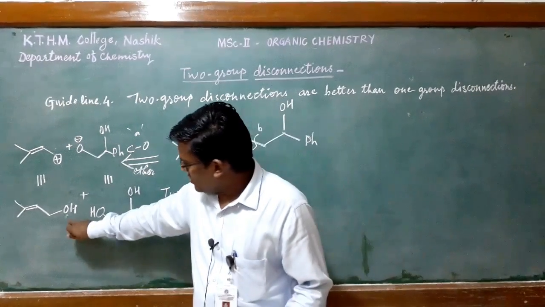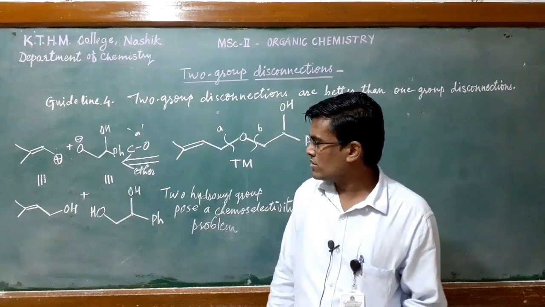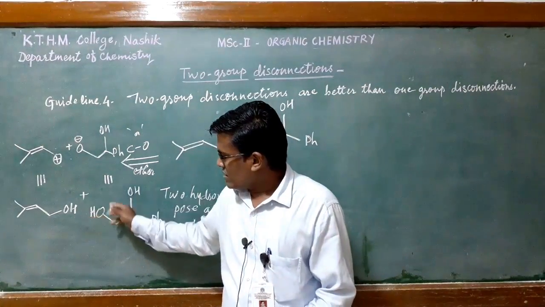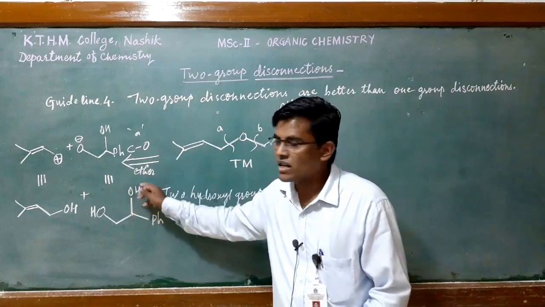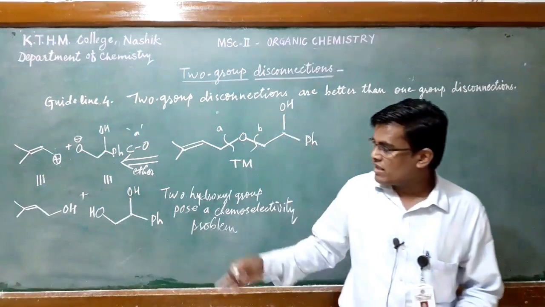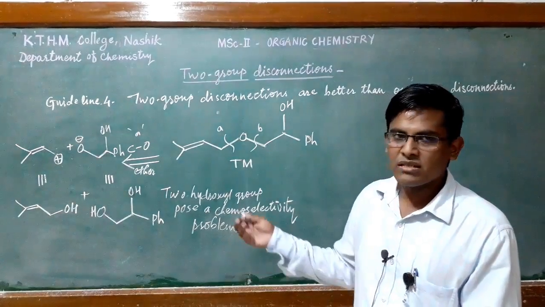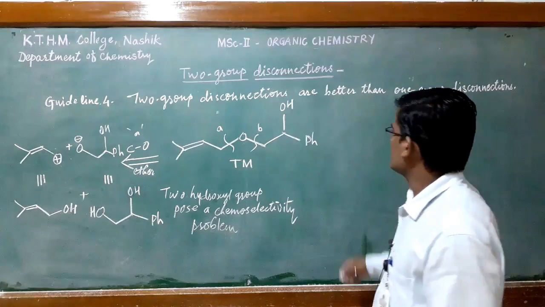When you react this alcohol with this dihydroxy compound, it is hard to selectively functionalize the primary alcohol in the presence of the secondary alcohol. That means it does not correspond to a reliable reaction, so this is not a good option. Then we can go for the B cleavage.